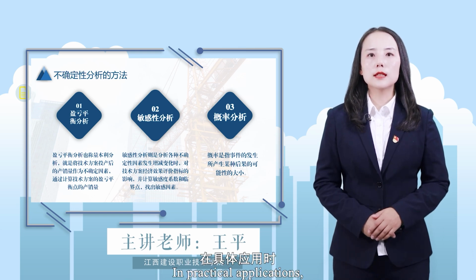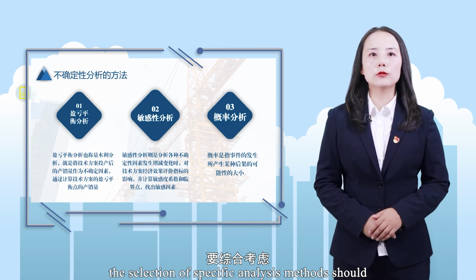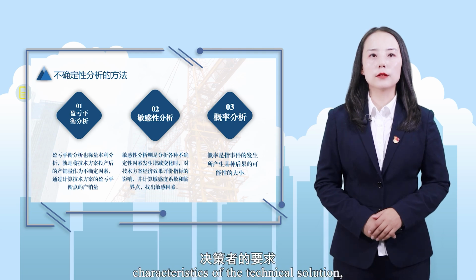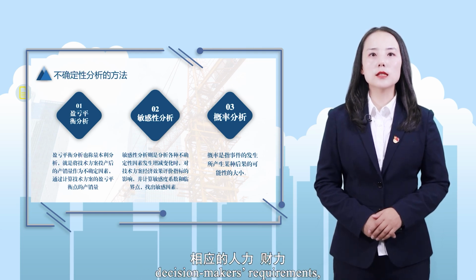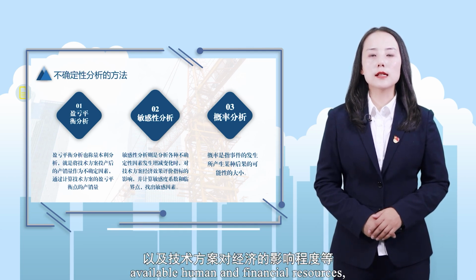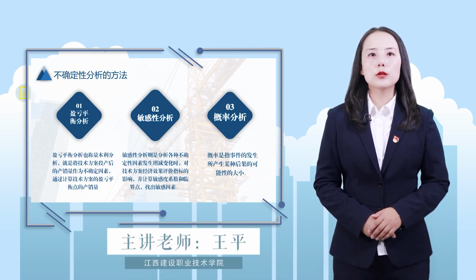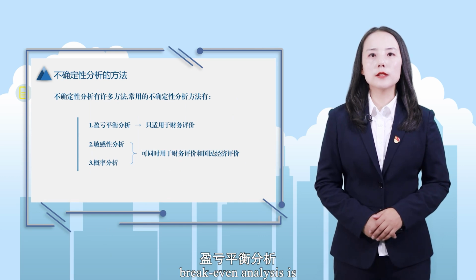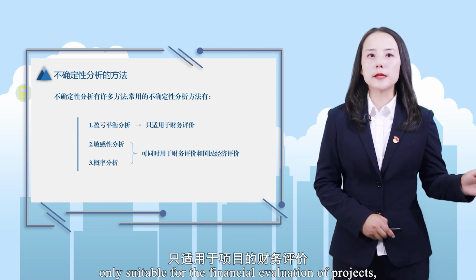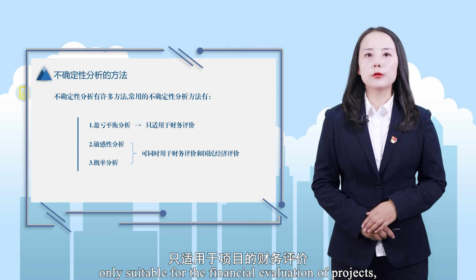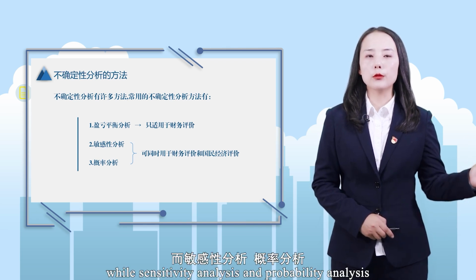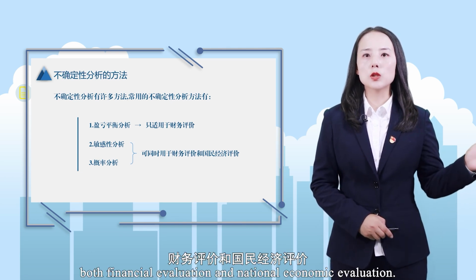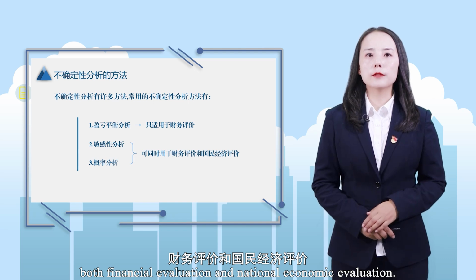In practical applications, the selection of specific analysis methods should comprehensively consider the type and characteristics of the technical solution, decision makers' requirements, available human and financial resources, and the economic impact of the solution. Generally speaking, break-even analysis is only suitable for the financial evaluation of projects, while sensitivity analysis and probability analysis can be used for both financial evaluation and national economic evaluation.